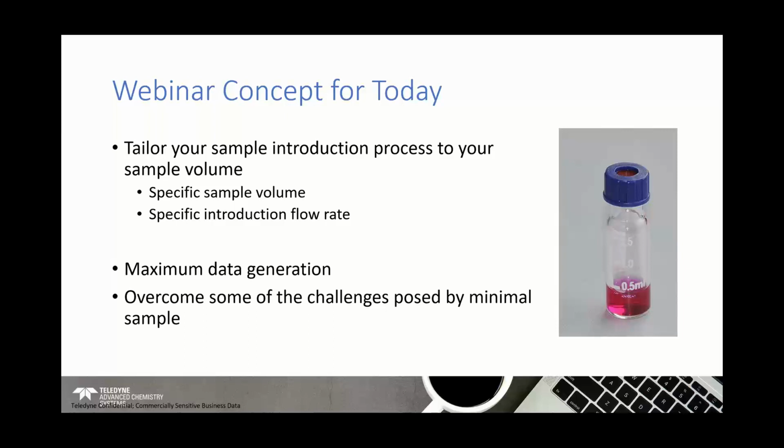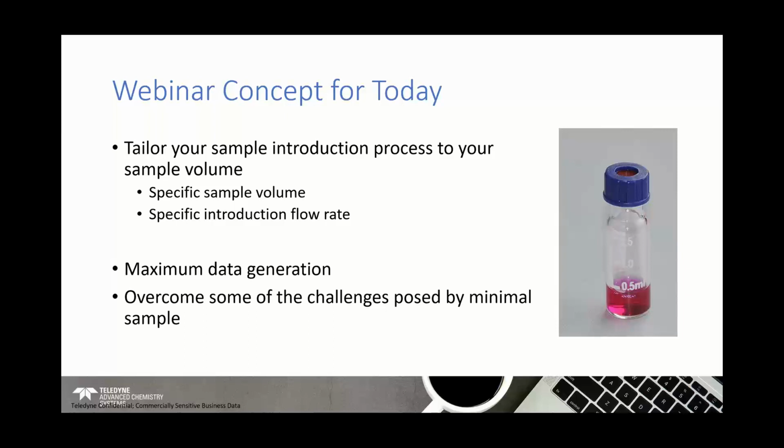So we're going to be talking about tailoring that sample introduction process with specific sample volumes, but also specific sample introduction flow rates. The idea behind this is to generate the maximum or best data that you can from the sample that you have, and for low volumes, overcome some of the challenges posed by a minimal amount of material.